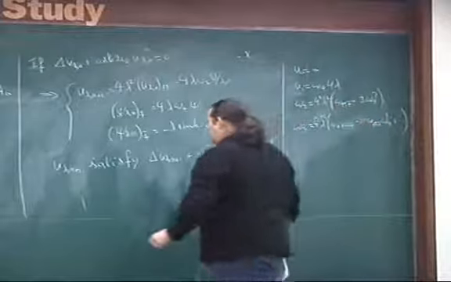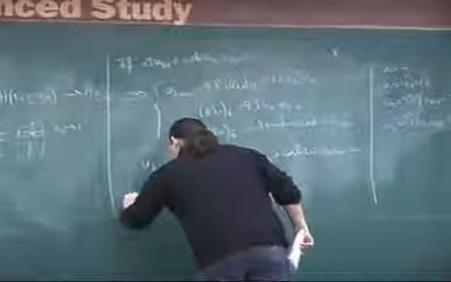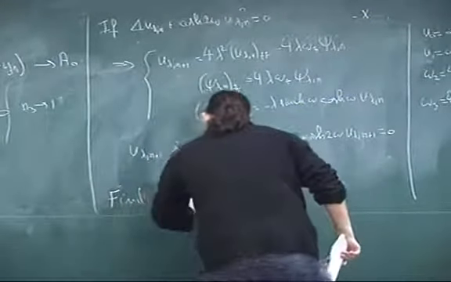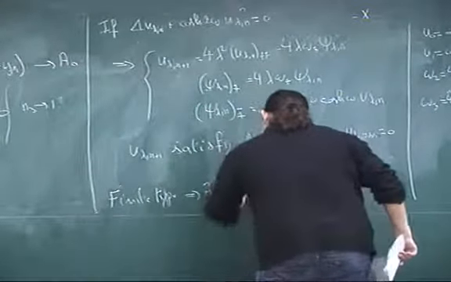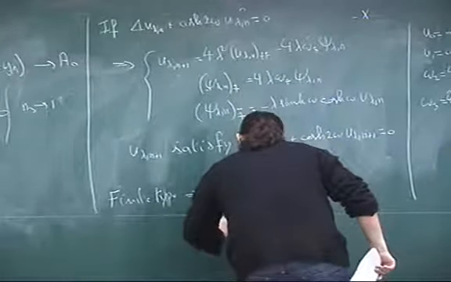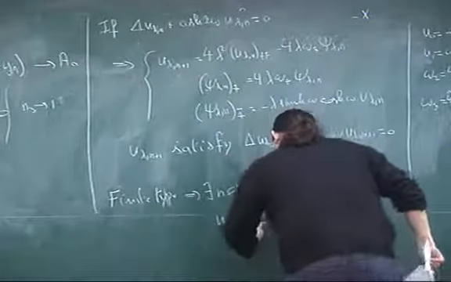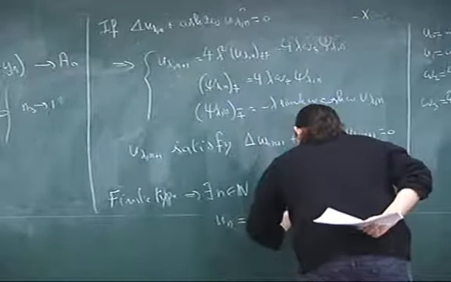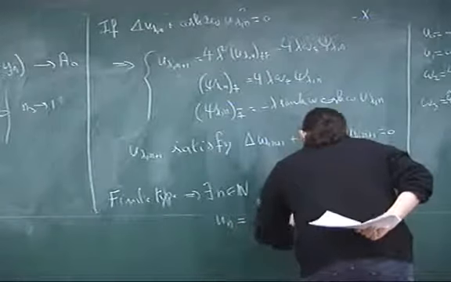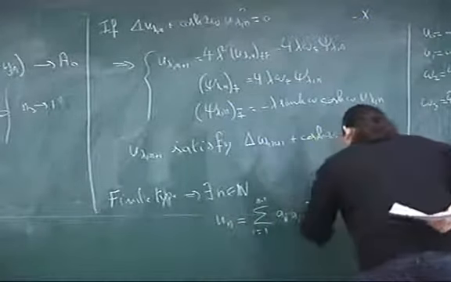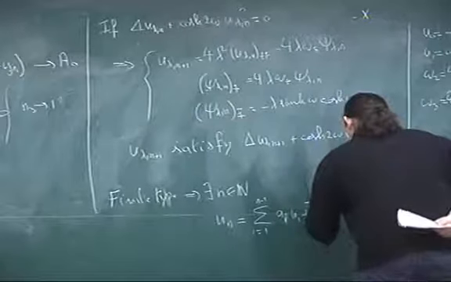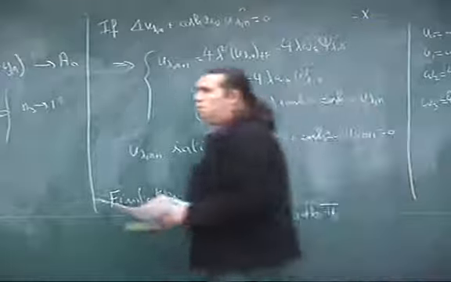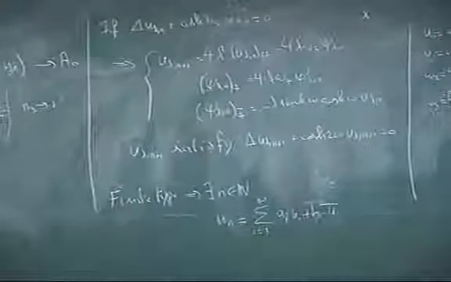At some moment, finite type means that there exists n such that Un is a sum from 1 to n minus 1 of ai Ui plus bi Ui bar.